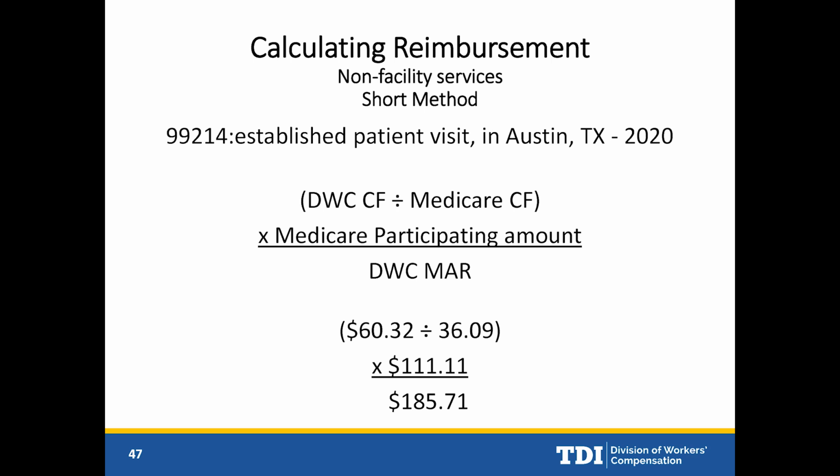And doing that, you get the reimbursement amount for workers' compensation. Now, sometimes doing this short version, this amount will be a few pennies off of the amount that you come up with if you do the long equation. However, again, it may be just pennies. In this case, it is the same, and that may have a lot to do with how you round your numbers because it could make a difference.